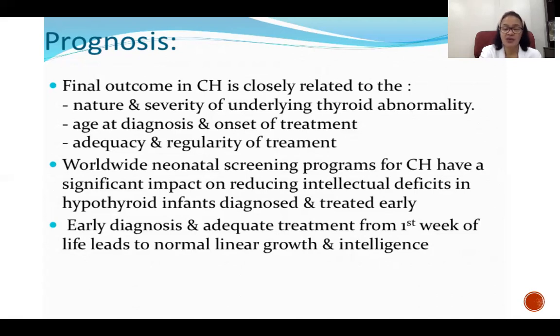So that's very useful in decreasing the incidence of patients with intellectual defects due to congenital hypothyroidism. Early diagnosis and adequate treatment from the first week of life would lead to normal linear growth and intelligence.